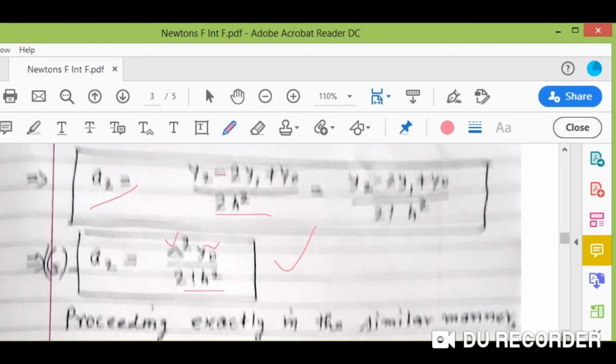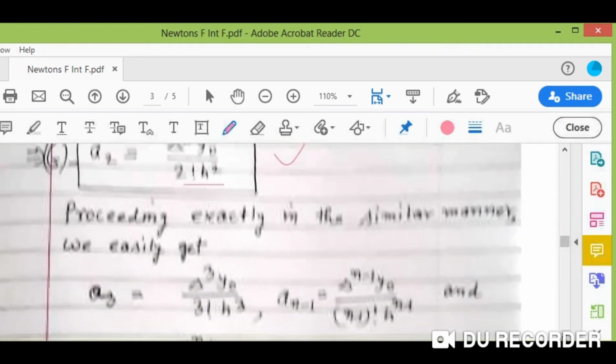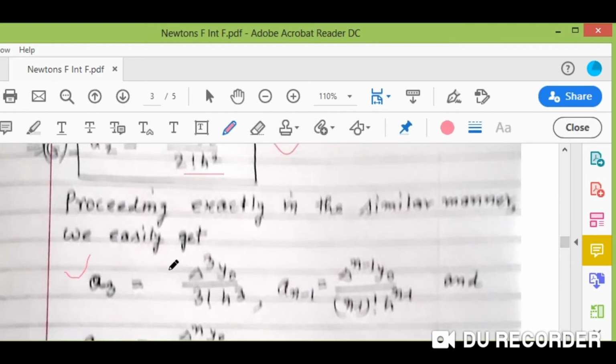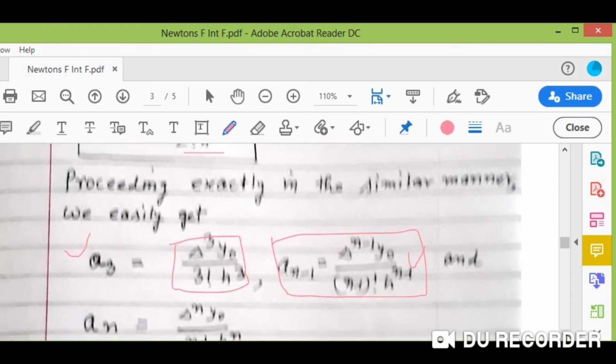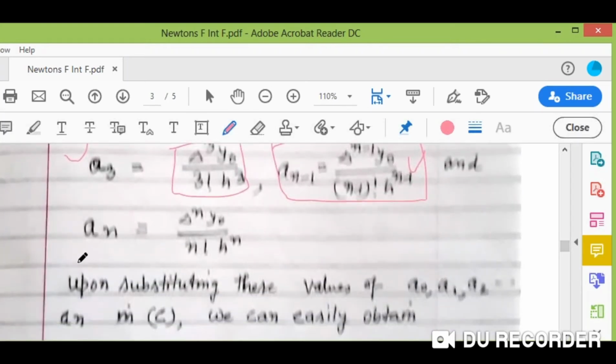Similarly, we can obtain the value of A3. This is the value of A3, and for an minus 1, delta n minus 1 y0 upon n minus 1 factorial h to the power n minus 1, and ultimately we obtain the value of an: delta to the power n y0 upon factorial n and h to the power n.